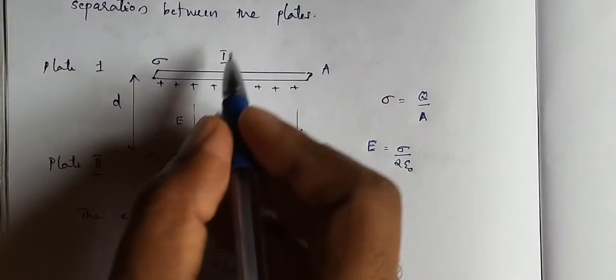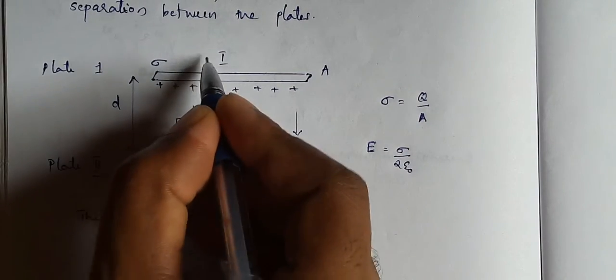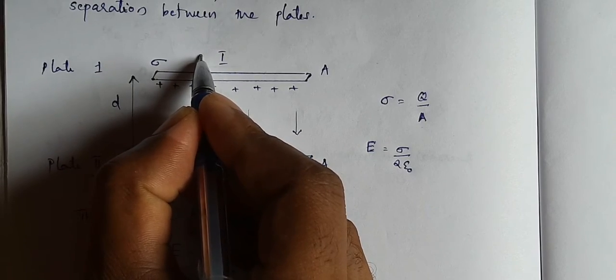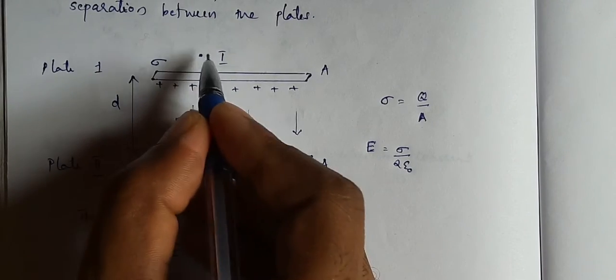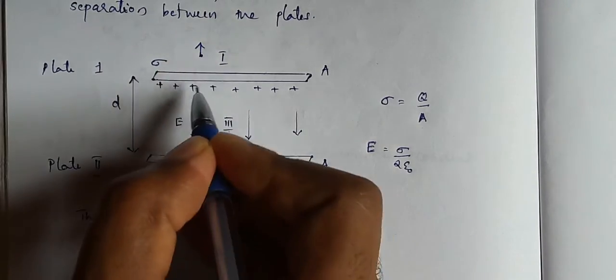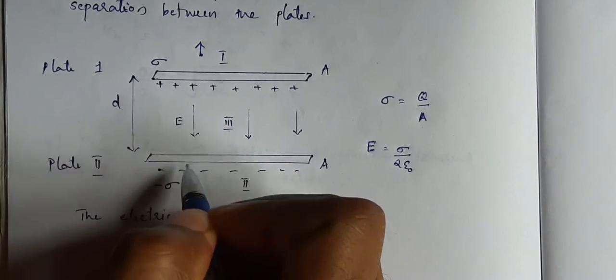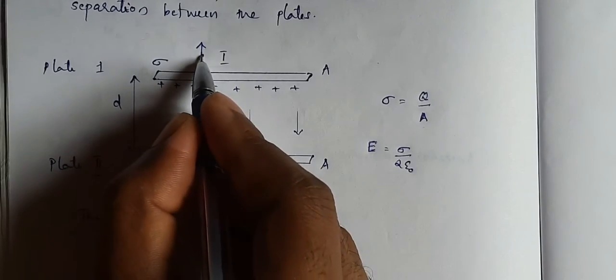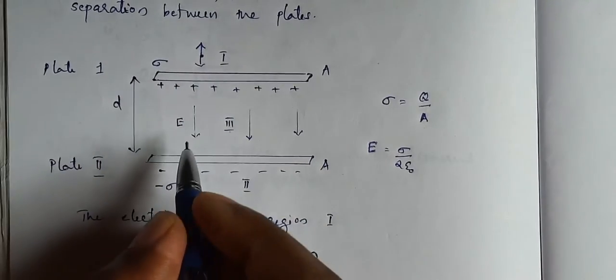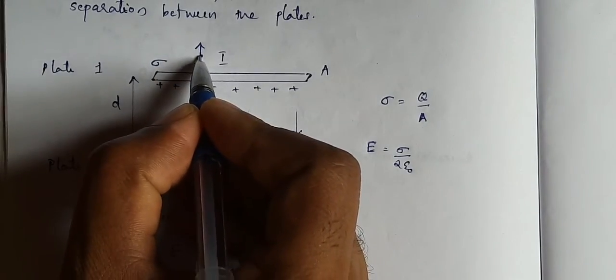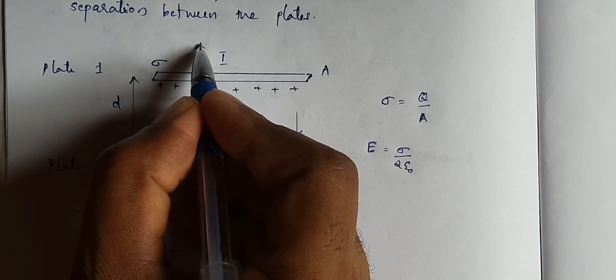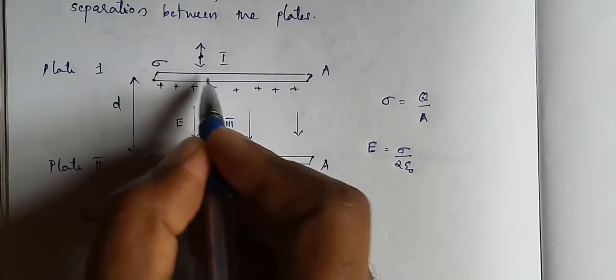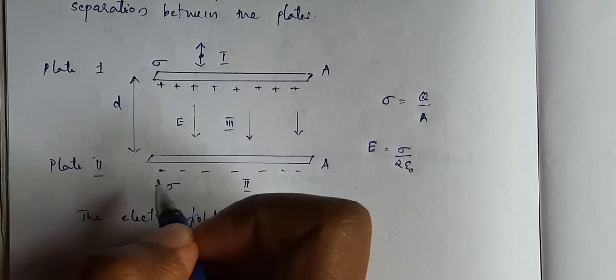Let's check the electric field at region 1. If I select a point here, due to the positive plate the electric field will be acting away, upward, and due to the negative plate the electric field will be acting downward.